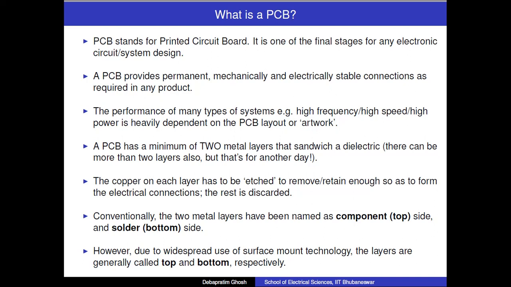Generally that metal is copper, and those two metal layers sandwich a dielectric. So the dielectric is generally some form of a glass epoxy silicon dioxide based compound, and there can be more than two layers also, but for this particular course we shall not look at those things.